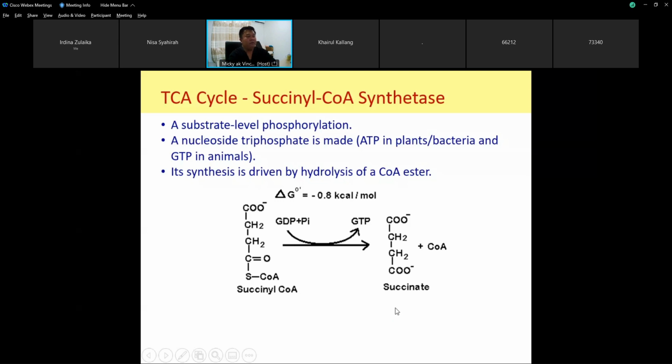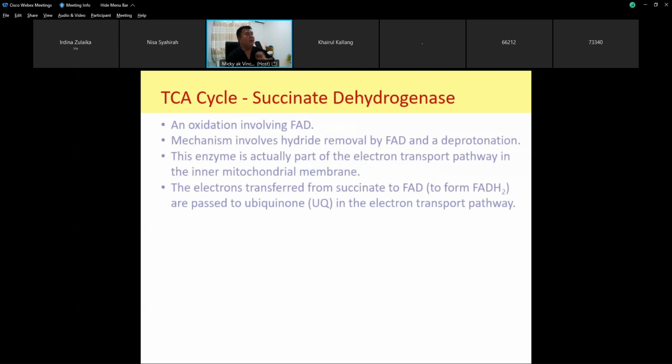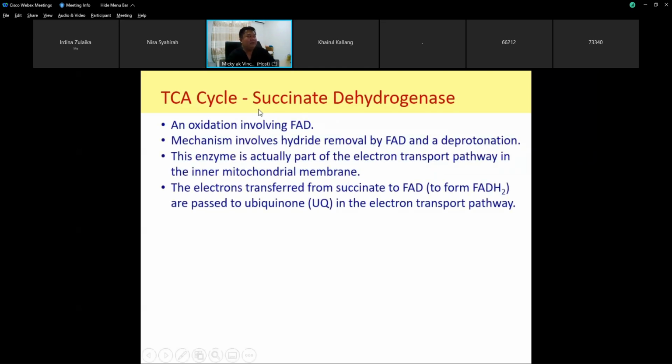Then from succinate, the teacher said I like succinate, fumarate. So between succinate and fumarate, the enzyme that is involved is succinate dehydrogenase. Basically again to take away another hydrogen.